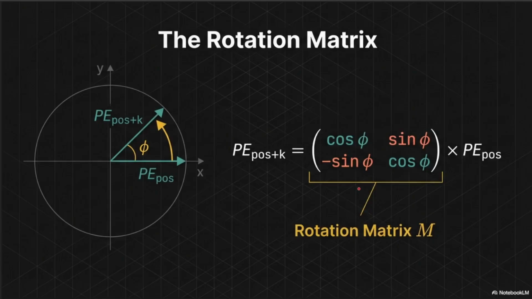This proves that the model can learn to attend to relative positions, for example, 3 words back or 4 words ahead, just by learning this rotation matrix. So it doesn't need to memorize; it just needs to learn this rotation matrix. The goal is to learn the relationship between them.